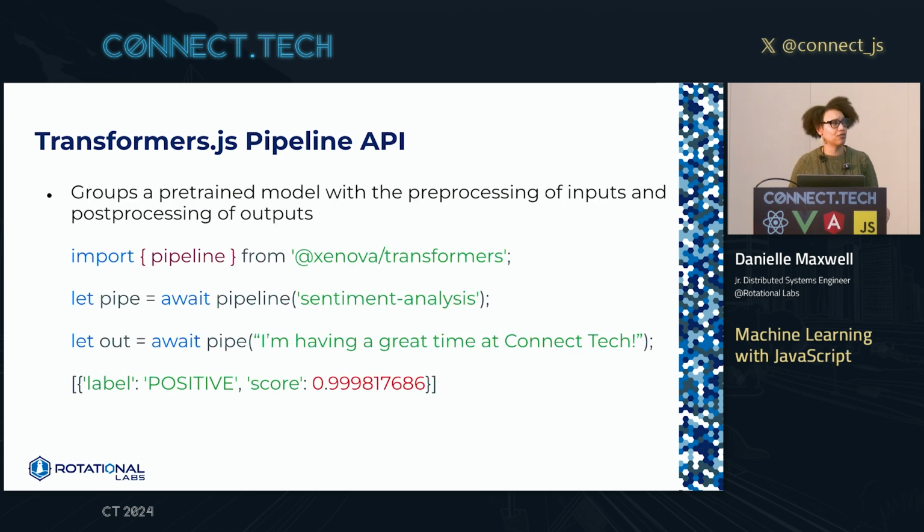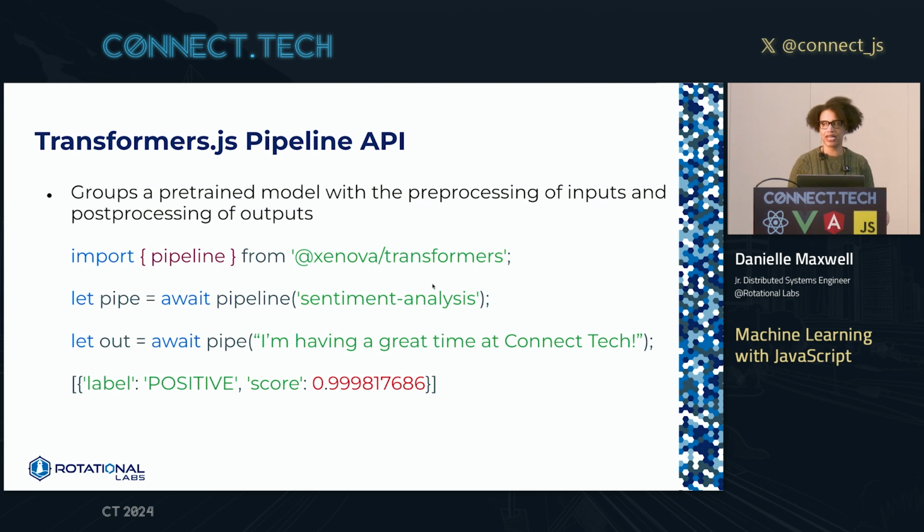An example of working with the Transformers.js library is the pipeline API. What it does is group the pre-trained model you decide to work with along with the inputs and the outputs, so it processes all of that for you. In the code, you just import the pipeline from Zenova Transformers, then say await pipeline. Here I put in a task, because you have to put in a task.